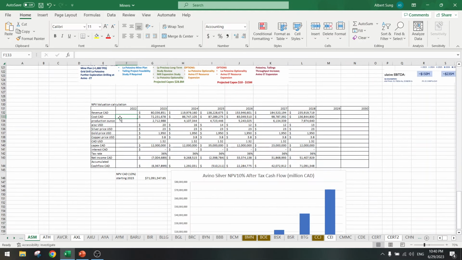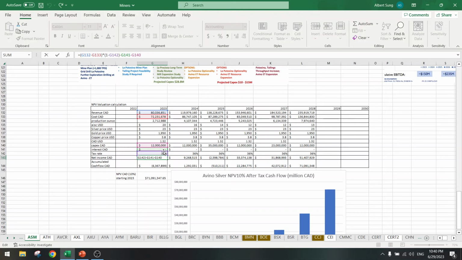The costs are calculated by the all-in sustaining costs and the production in CAD. So this is the CAD exchange rate. And the net income here is calculated by revenue minus cost times the 1 minus the tax.